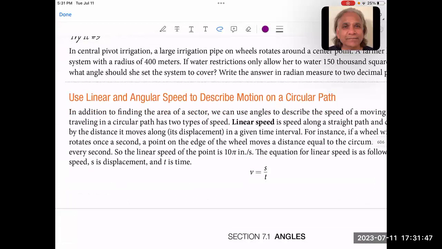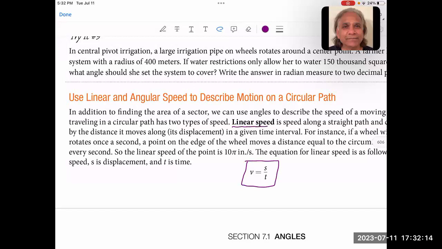Now, when we talk about speed, how fast something is moving, the idea we have in mind is some distance divided by some time, and that is called linear speed. It's the speed when something is going along a straight line. So this equation here is the equation for linear speed.